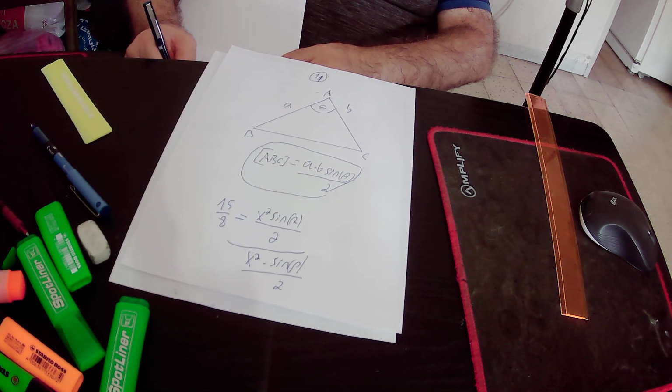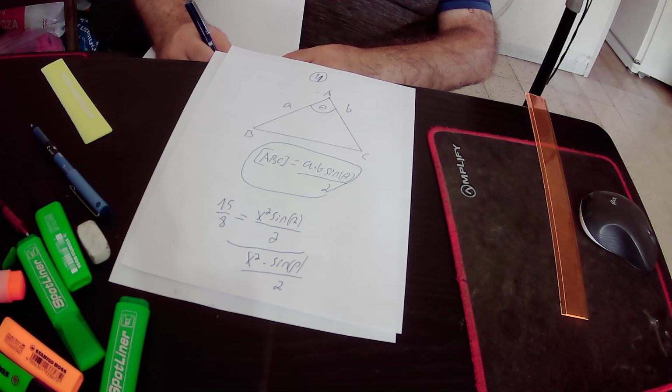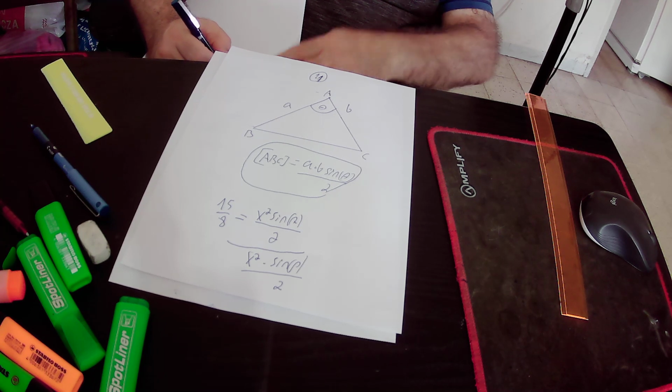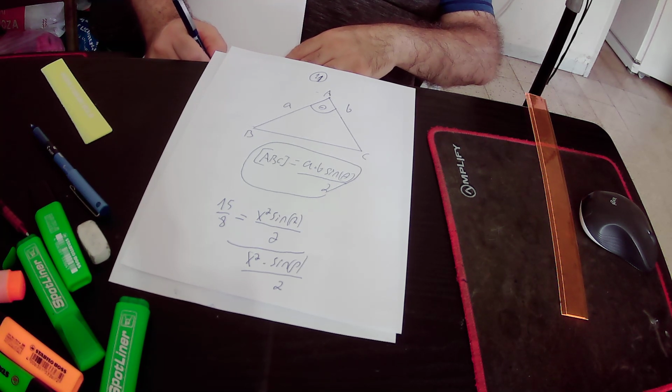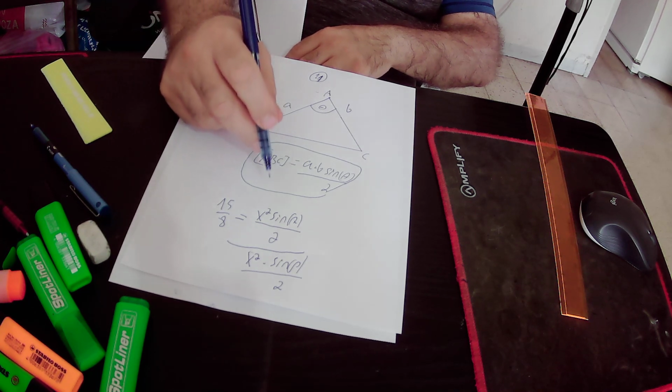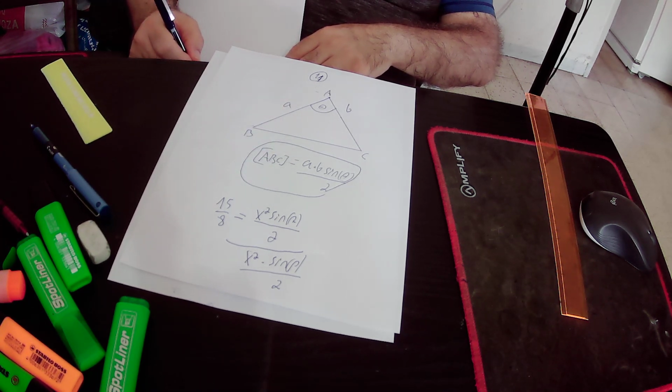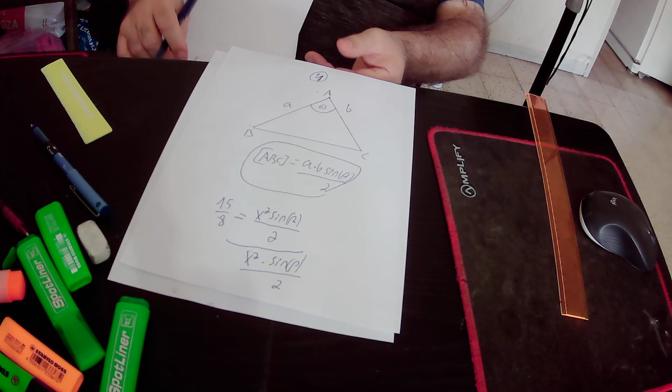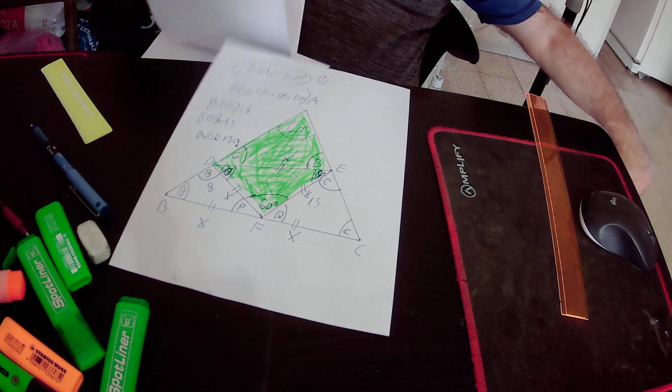We got that x squared times sine q over 2, over x squared times sine p over 2, equals 15 over 8. So we got this equality.